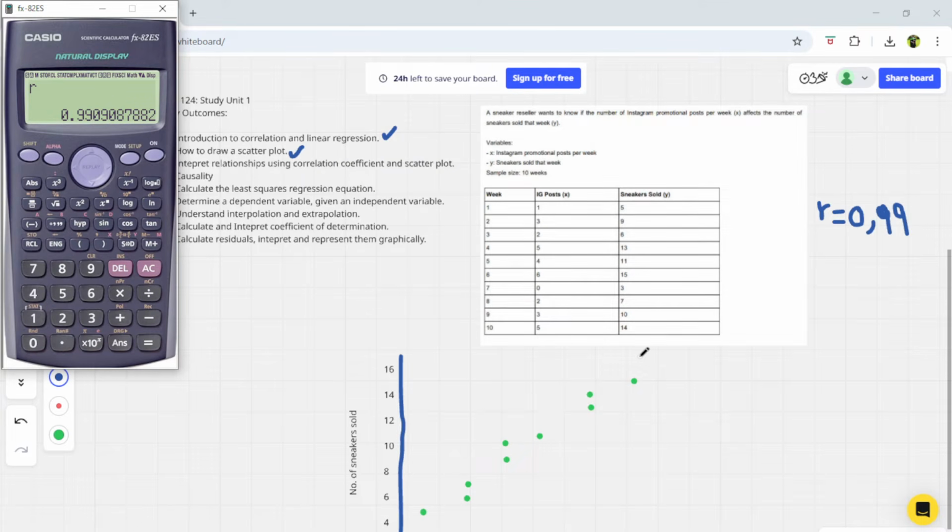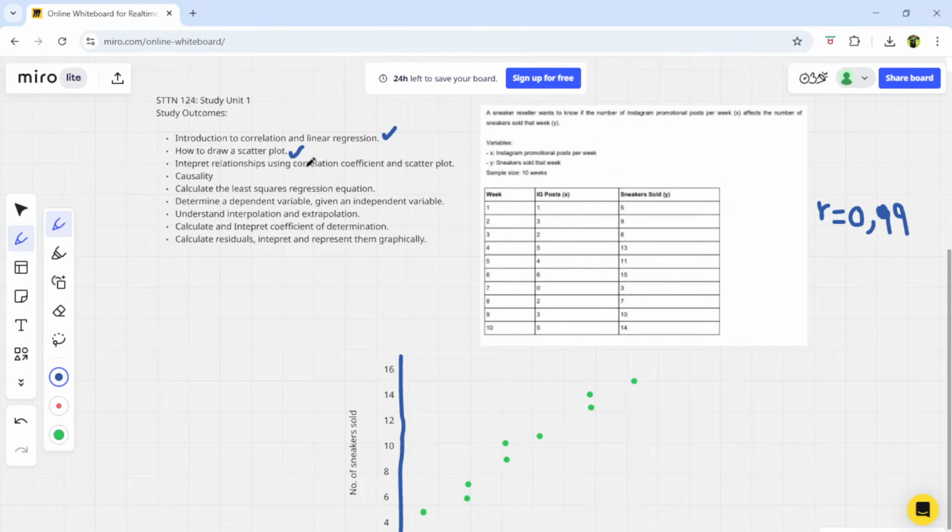I'm going to explain that by giving you the properties of the correlation coefficient, which is this part here that we're busy with, interpreting relationship using correlation coefficient and a scatter plot. So for now, we're going to go to different types of scatter plots, and then we're going to come back to the correlation coefficient. I just wanted to show you guys how to calculate it using the calculator.